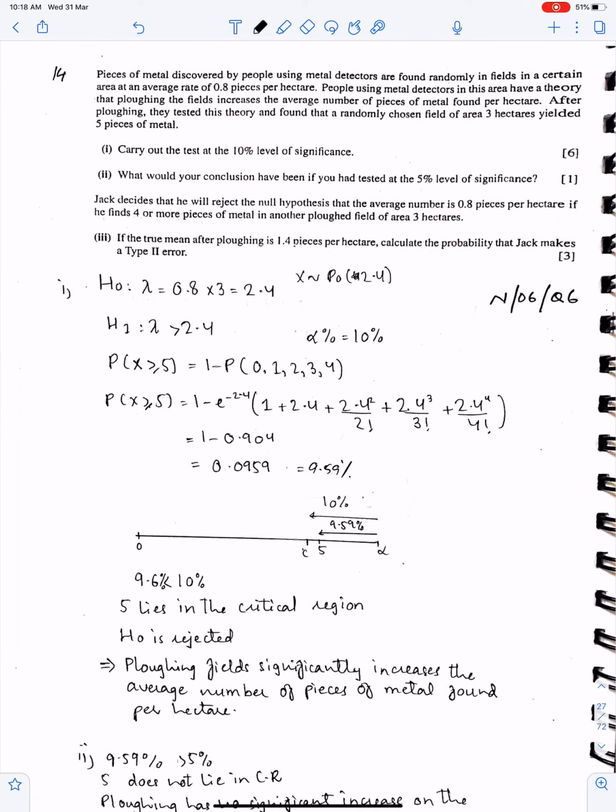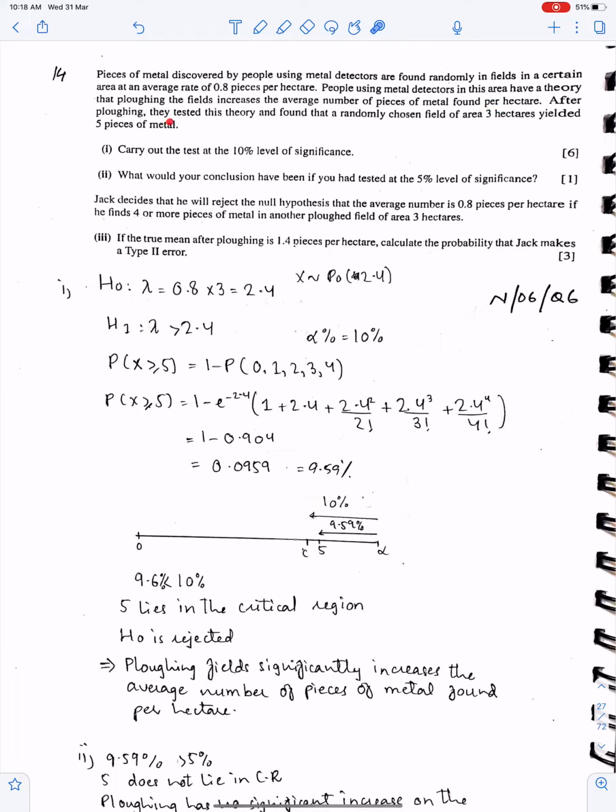Next question. Pieces of metal discovered by people using metal detectors are found randomly in fields in a certain area at an average rate of 0.8 pieces per hectare. People using metal detectors have a theory that ploughing the field increases the average number of pieces of metal found per hectare.